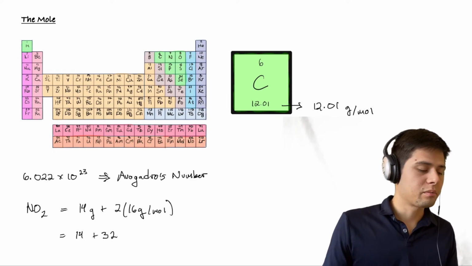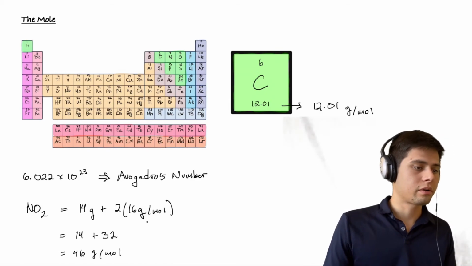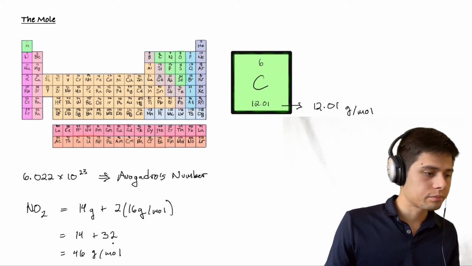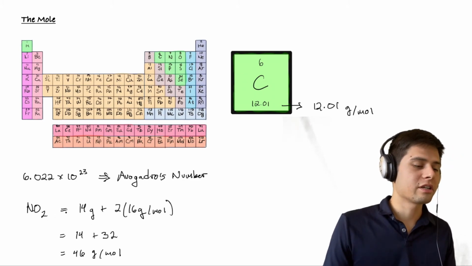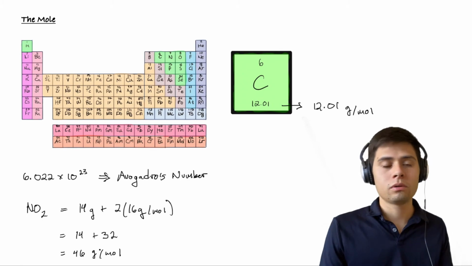So that would be 46 grams per mole. I'm doing all this math in my head, which I probably shouldn't be doing, but nitrogen dioxide is 46 grams per mole.